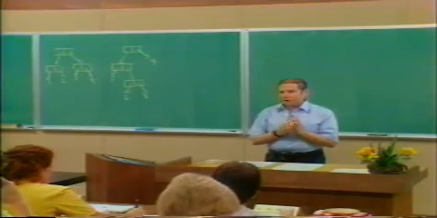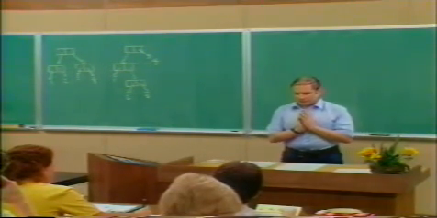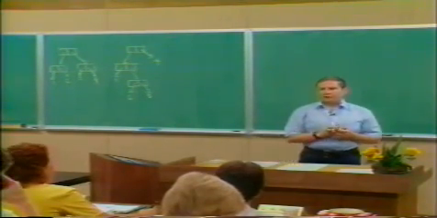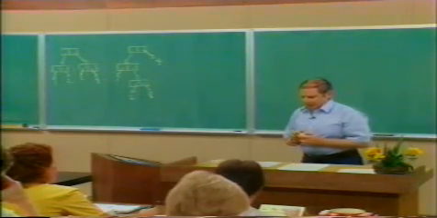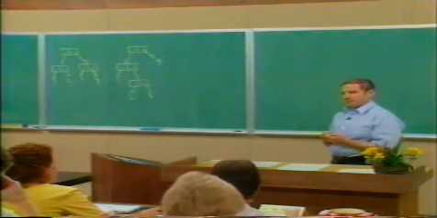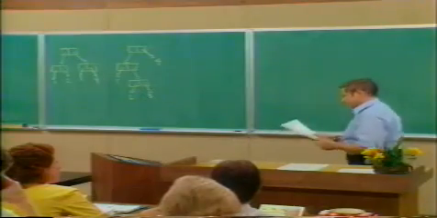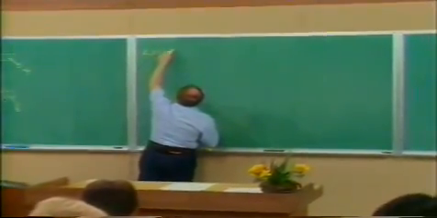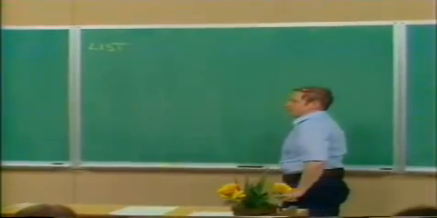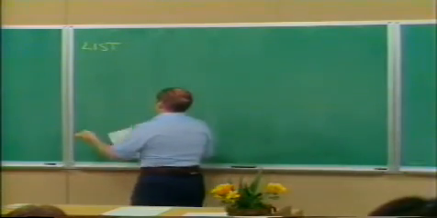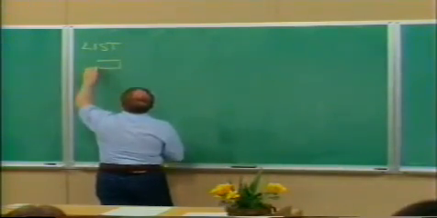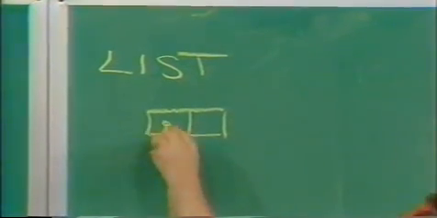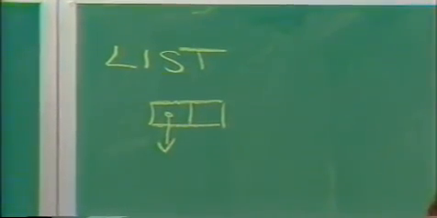And Lisp has a particular convention for representing a sequence of things as essentially a chain of pairs. And that's called a list. A list is essentially just a convention for representing a sequence. I would represent the sequence 1, 2, 3, and 4 by a sequence of pairs.